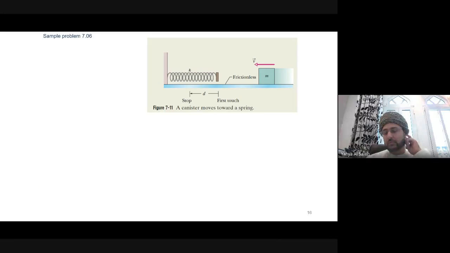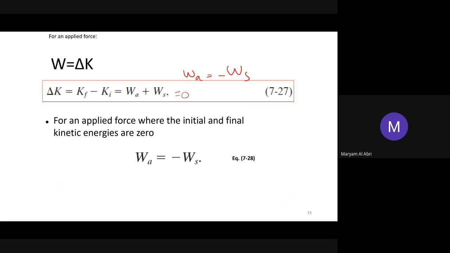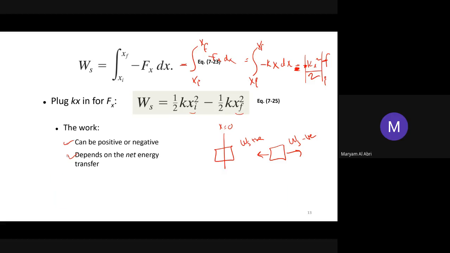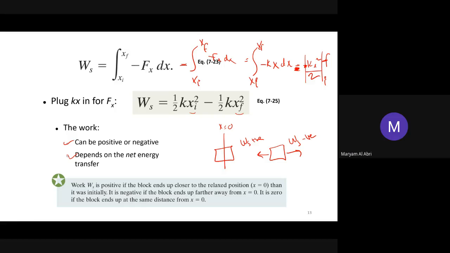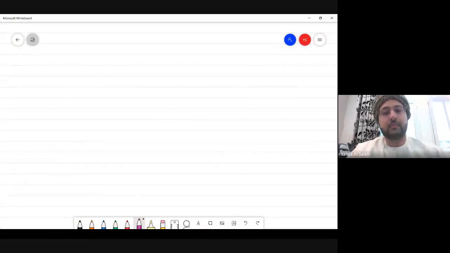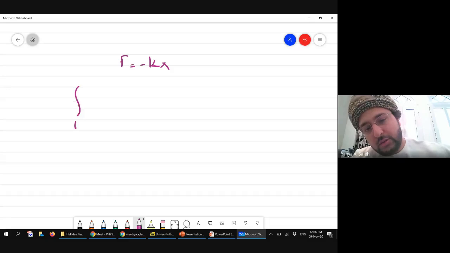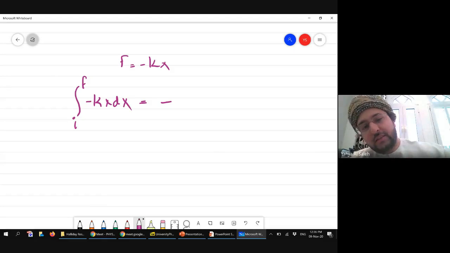Doctor, why are kf and ki reversed? Here? Yes, because your force is equal to minus kx, right? You integrate from i to f of minus kx dx. You take the minus sign out.